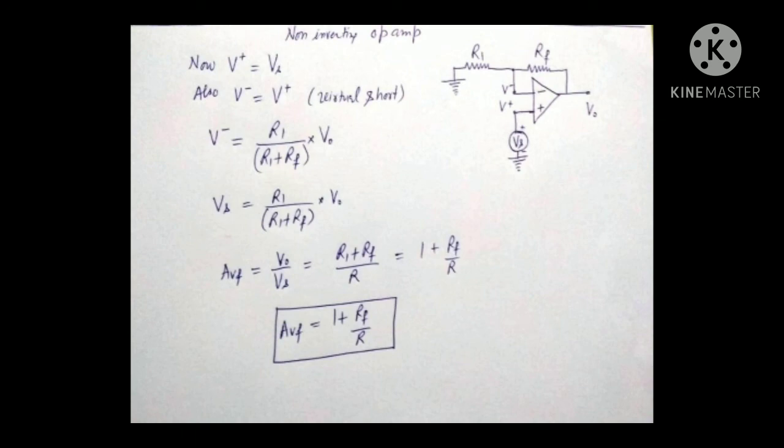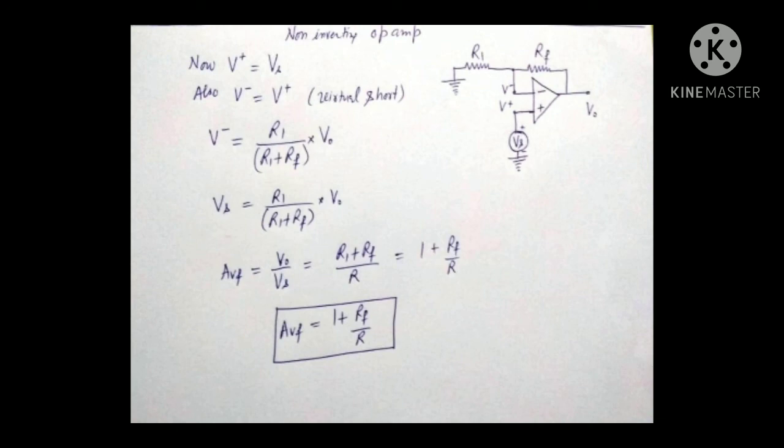As both the inputs are virtually short circuited, V negative is also equal to V plus. Now, from the voltage divider circuit, if output voltage is V naught, then V negative is equal to R1 by R1 plus RF into V naught. This can be derived from simple voltage divider circuit method. And V negative is equal to Vs.